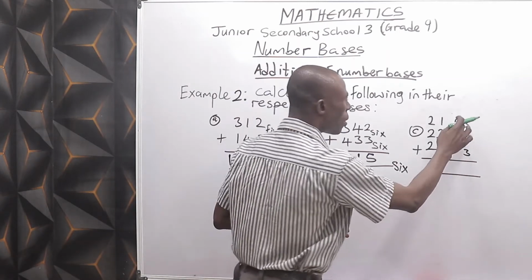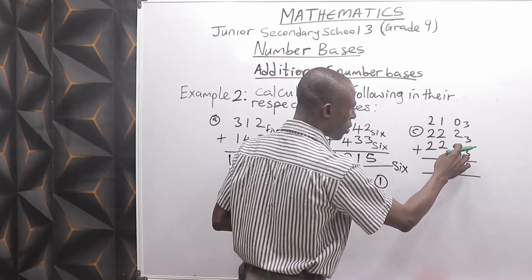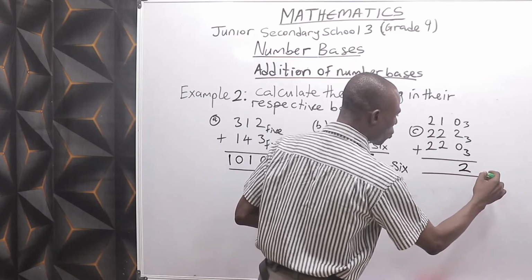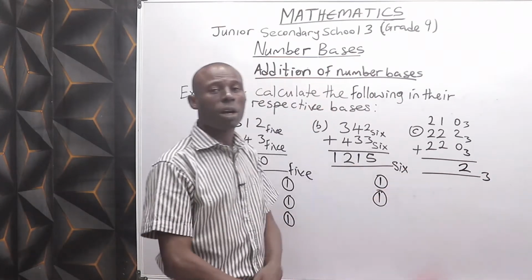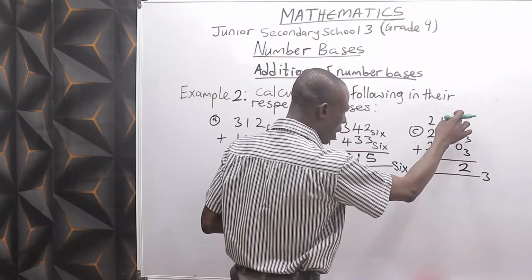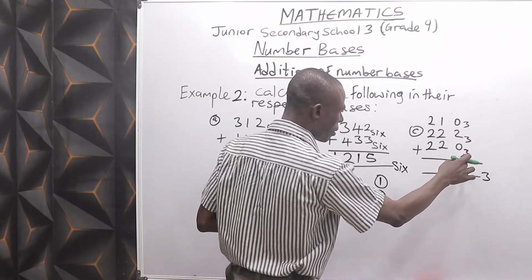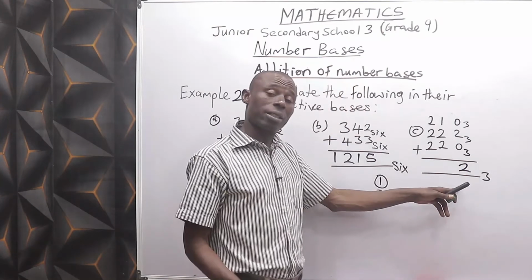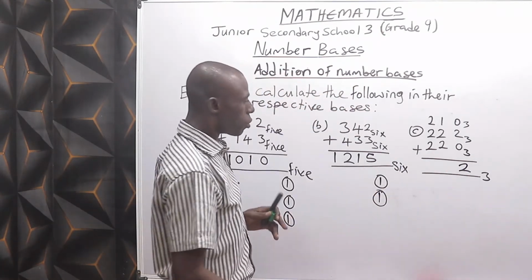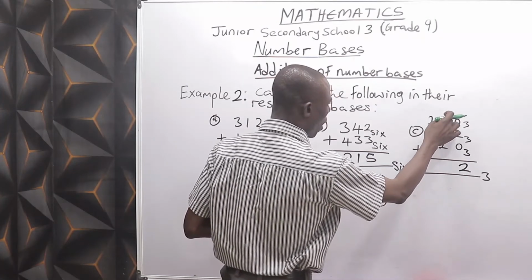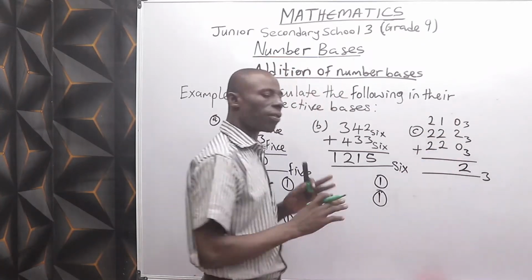Lastly, 0 plus 2 plus 0, that is 2. And we are free to write it down straight because 2 is not up to the base 3 we are operating in. Let's say this happens to be 3. We can still not write the 3 down because we are operating in base 3. So don't forget. Come here, 1 plus 2 plus 2, that is 5.